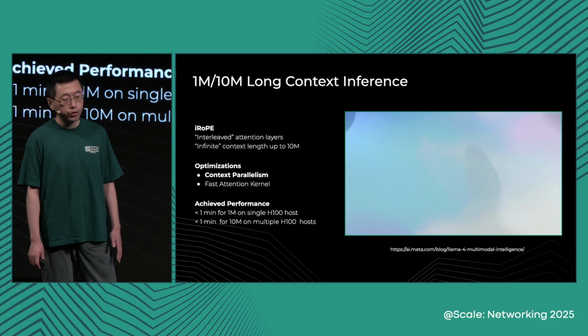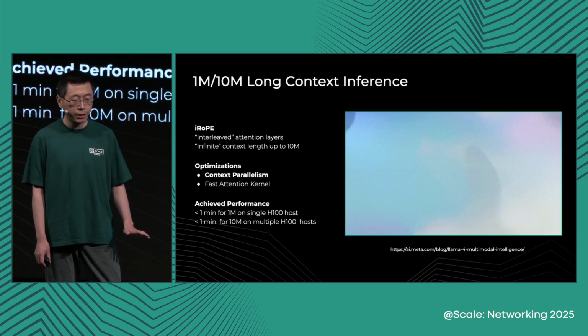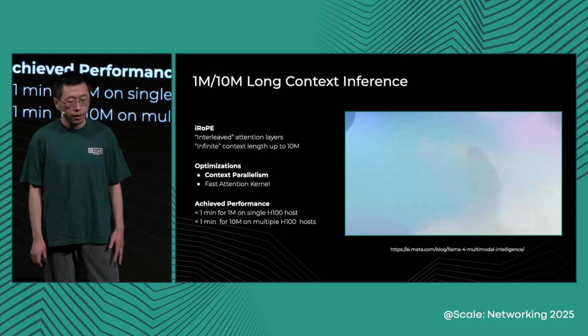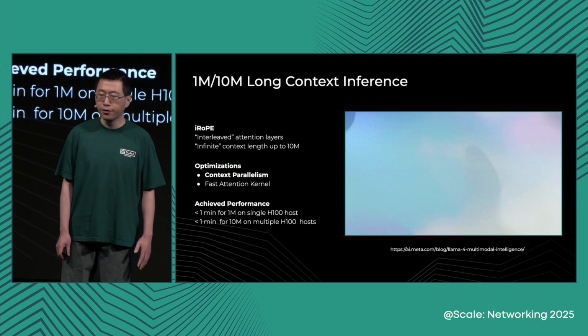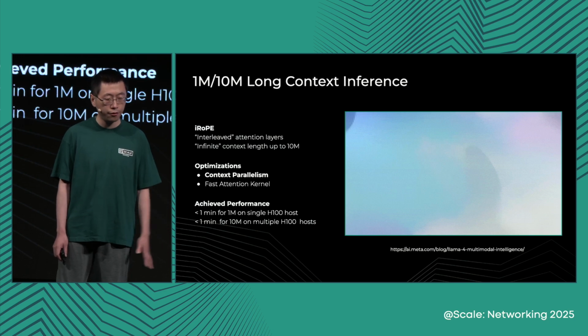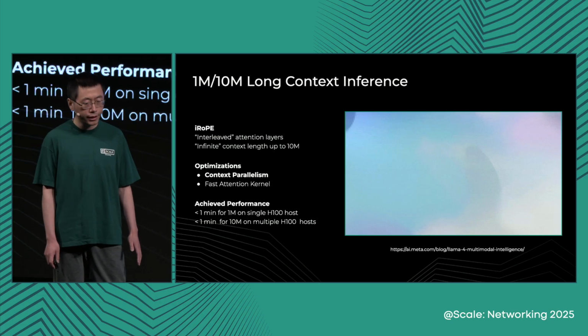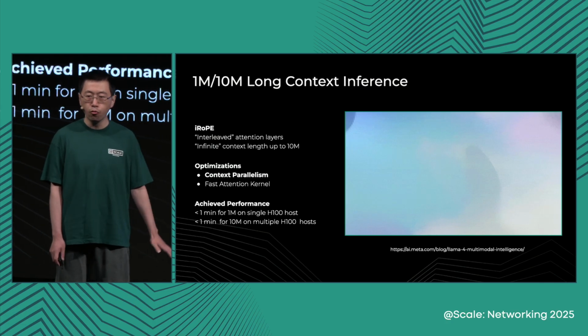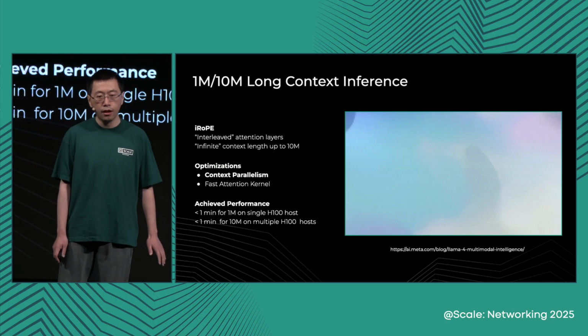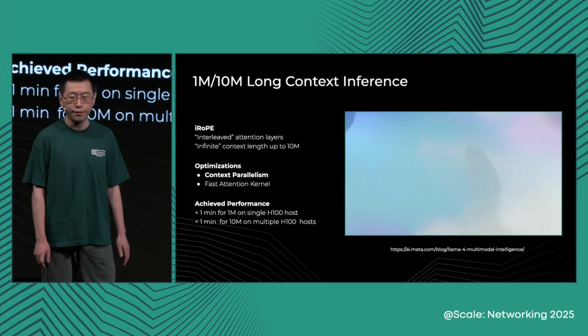Context parallelism, which allows us to efficiently partition the context length across multiple GPUs and multiple hosts. Fast attention kernels, which is a critical component to further accelerate the attention mechanism at the kernel level. With these optimizations, we can achieve less than 1 minute for 1 million context length on a single H100 host with 8 GPUs, and also less than 1 minute when we scale that to multiple H100 hosts for 10 million context lengths.